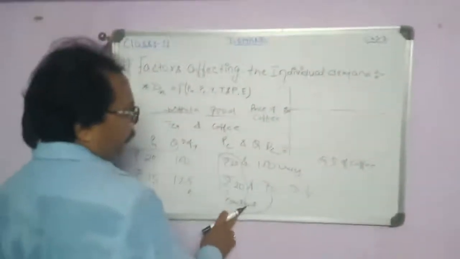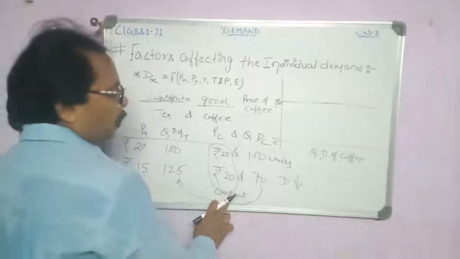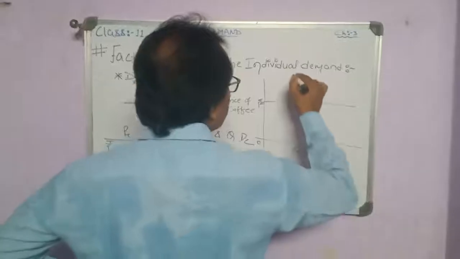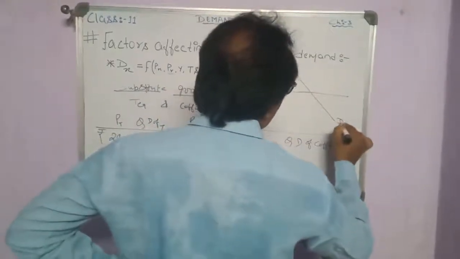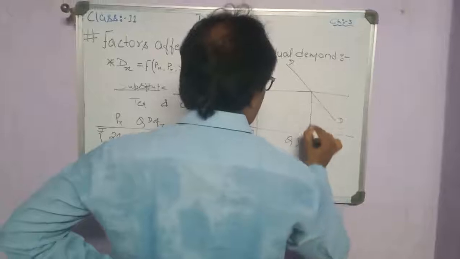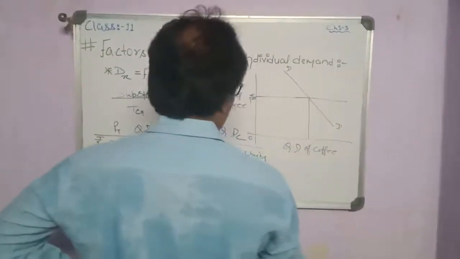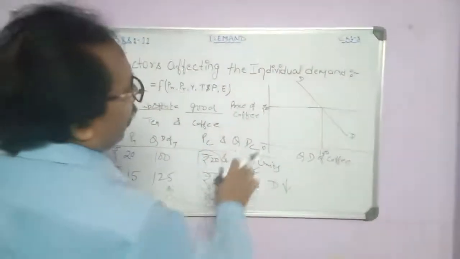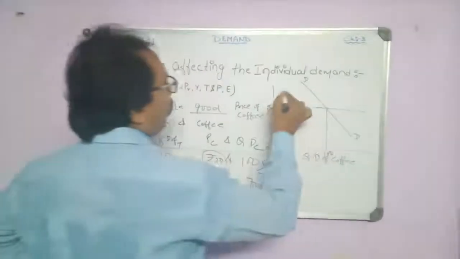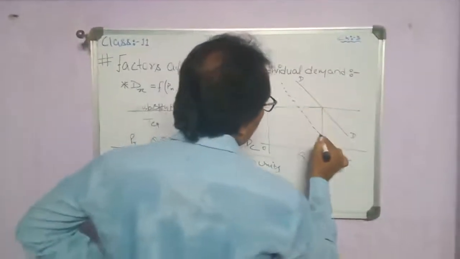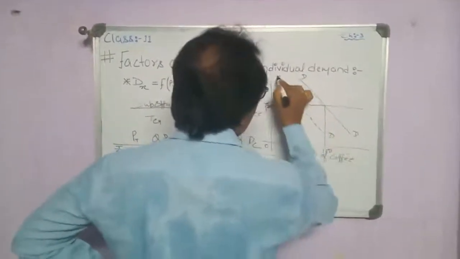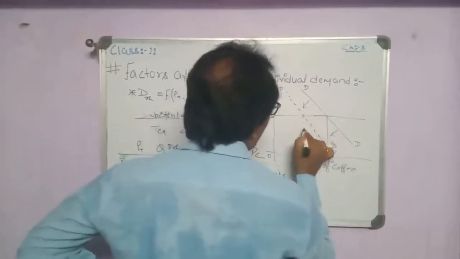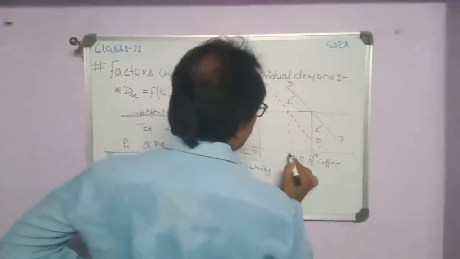So here I have just shown with the help of the schedule, it is constant at all levels of quantity demanded. So the initial demand of coffee, that was DD, was 100 units. There is no change in the price, it is constant, but the demand has fallen and the demand curve shifts leftwards to D1, and the quantity has become 70.